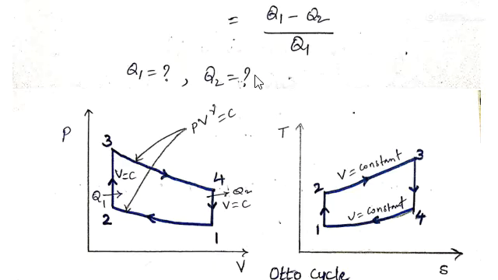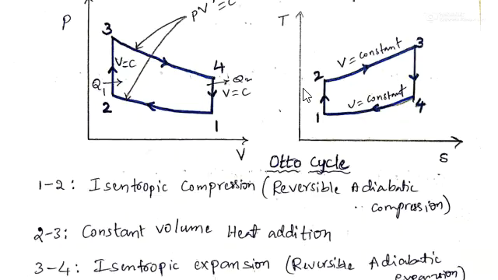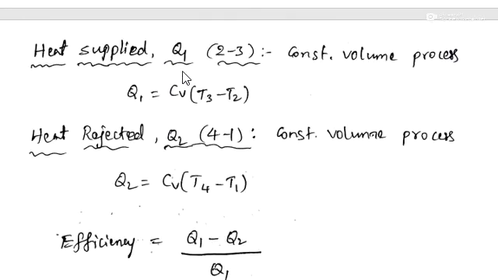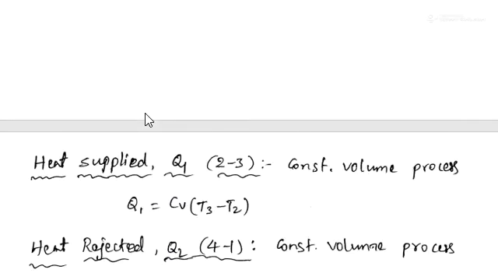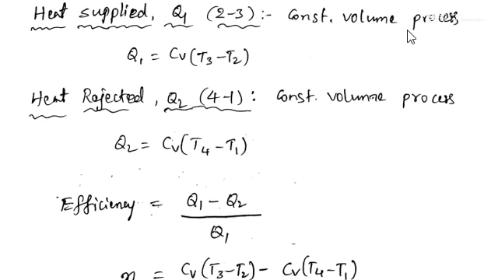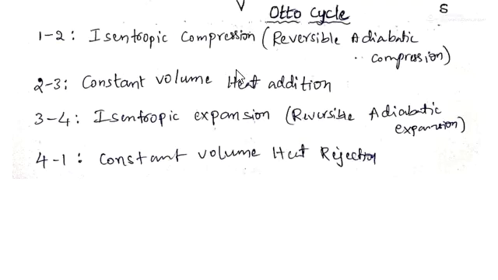Now if we find Q1 and Q2, we can write the efficiency formula. First, heat supplied is in process 2 to 3, a constant volume process. So Q1, the heat supplied in process 2 to 3, is Cv into T3 minus T2, where Cv is the specific heat at constant volume of the fluid in the engine, and T3 minus T2 is the difference of temperature.